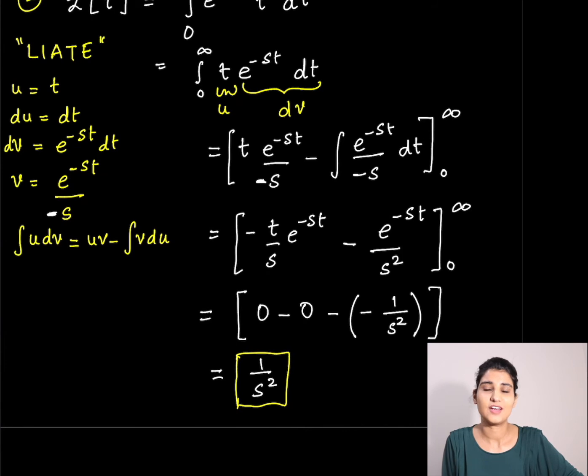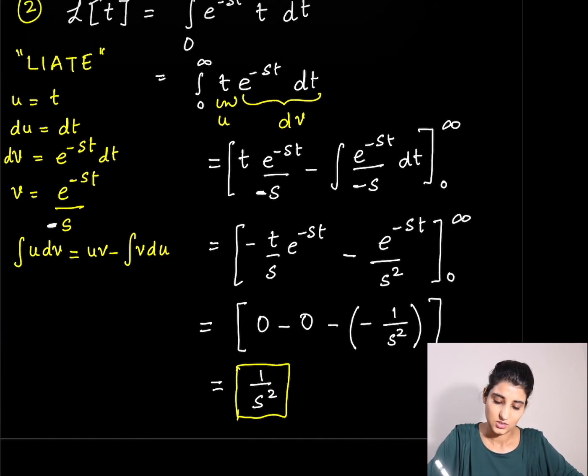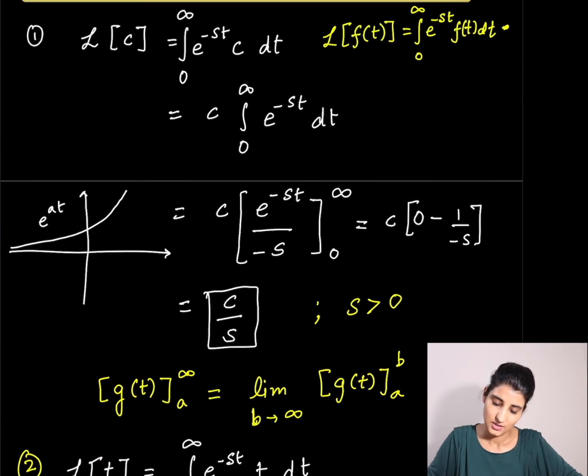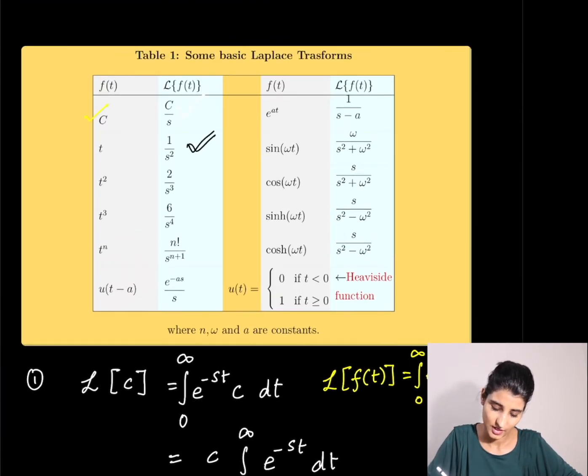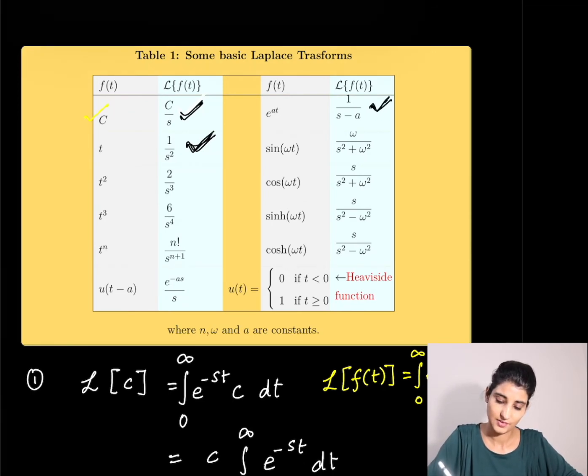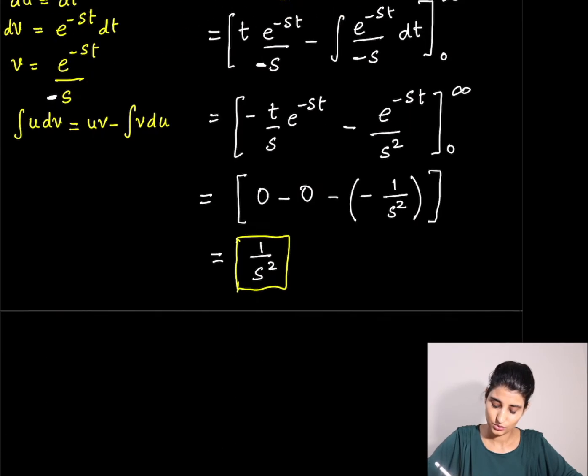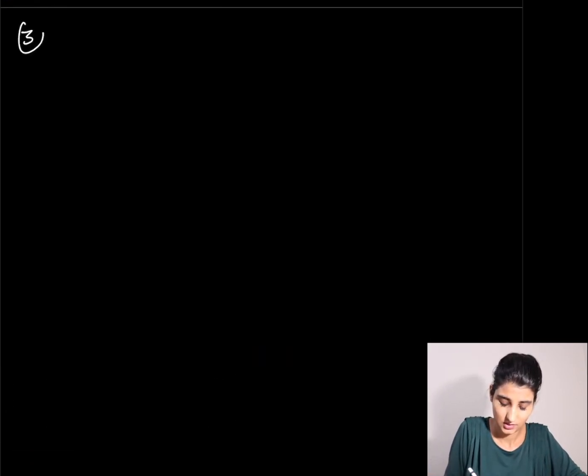Similarly, you can verify t squared and t to the power n. So we verified it for the constant and for t. For t squared and t^n, you can verify by yourself. Let's see e^(at). Next we are going to discuss the Laplace transform of e^(at).